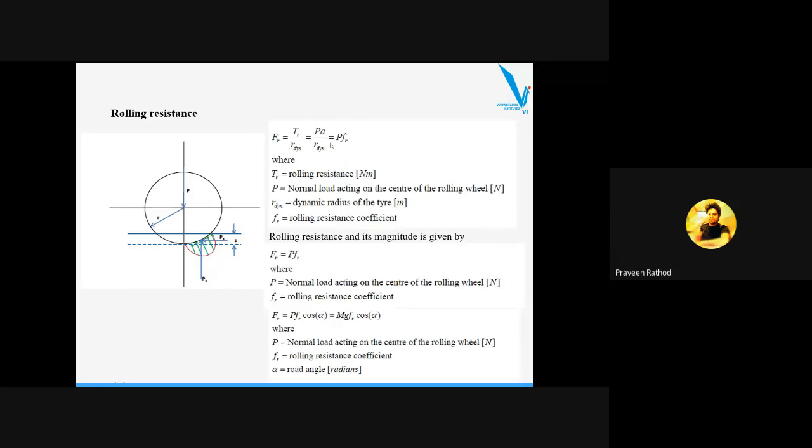So TR can be replaced with PA divided by R dyne, which can be replaced with the FR. So how can I write the rolling resistance?